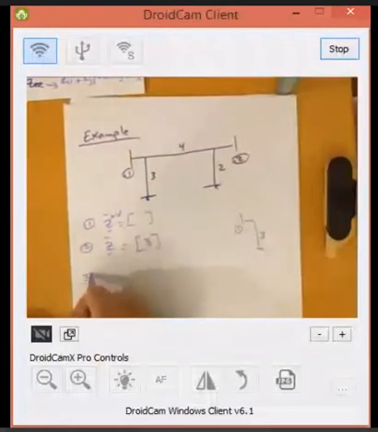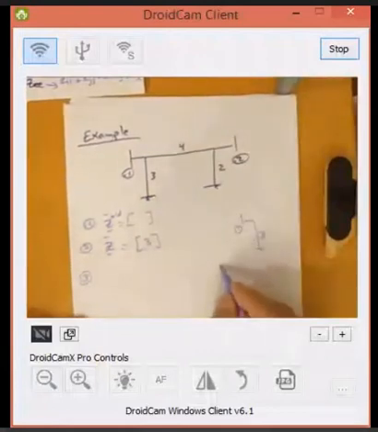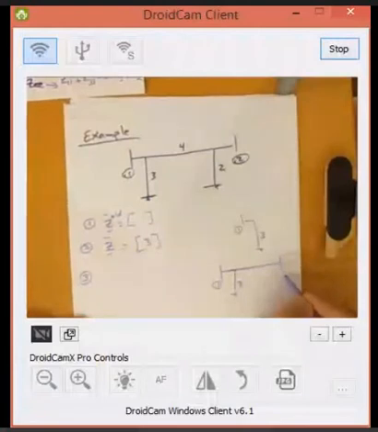Step number 3. So let's add bus number 2 with 4 ohm.